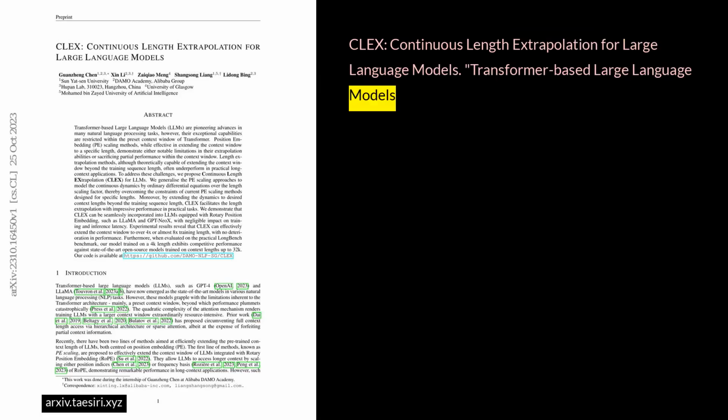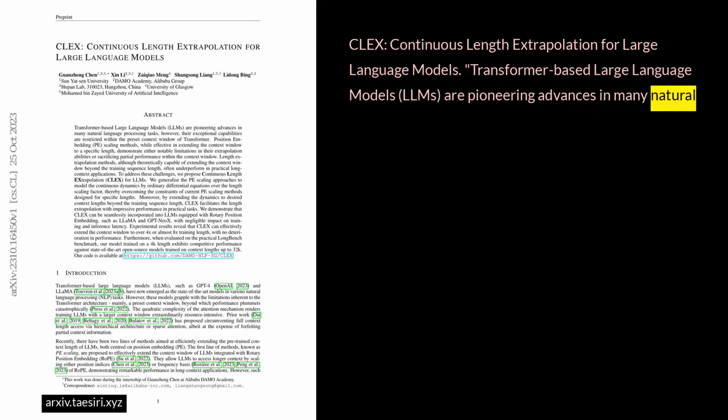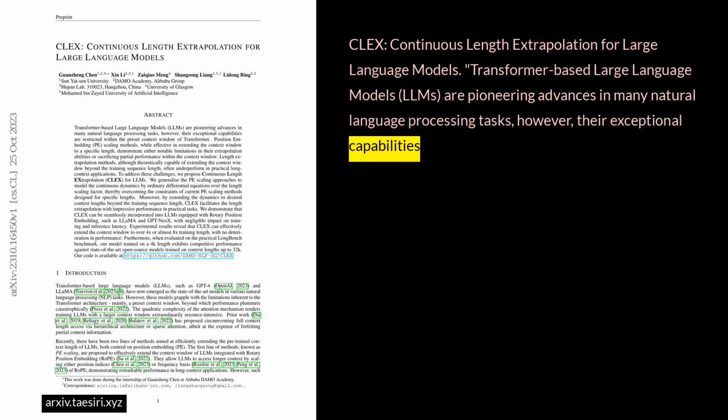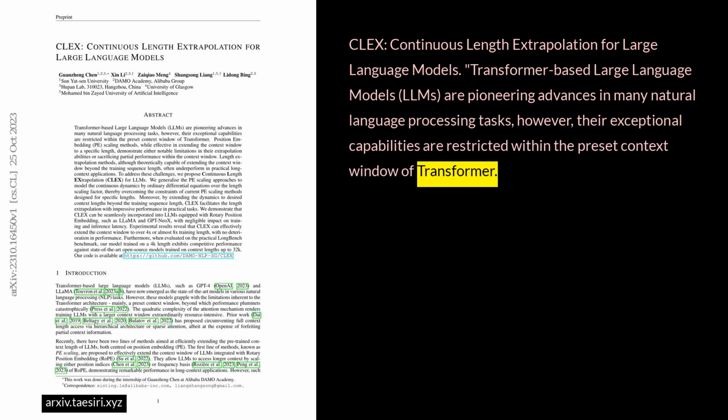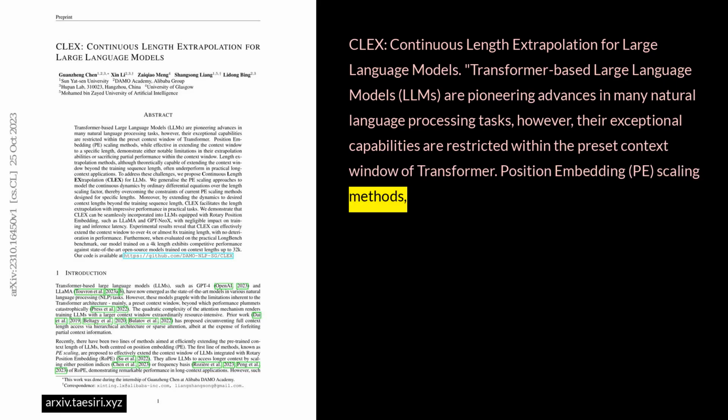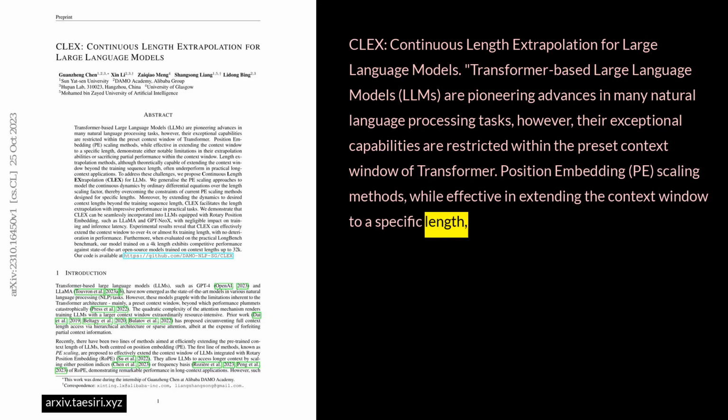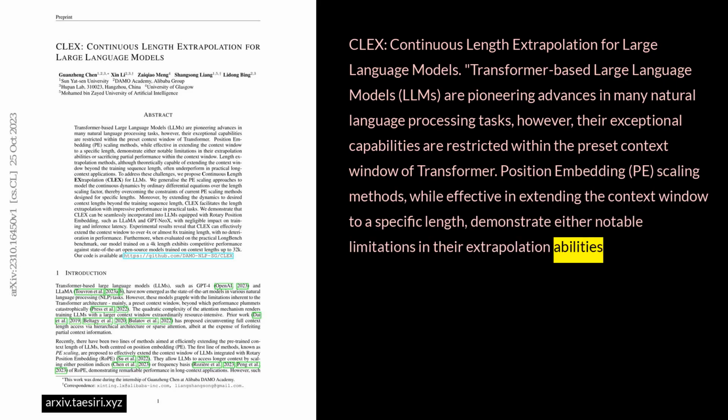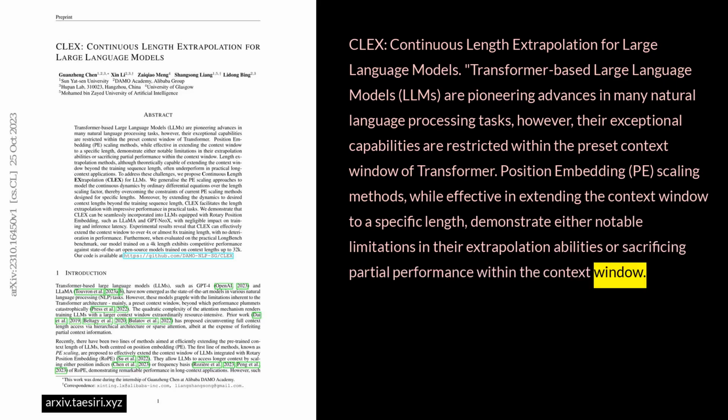CLEX, continuous length extrapolation for large language models. Transformer-based large language models, LLMs, are pioneering advances in many natural language processing tasks. However, their exceptional capabilities are restricted within the preset context window of Transformer. Position embedding, PE, scaling methods, while effective in extending the context window to a specific length, demonstrate either notable limitations in their extrapolation abilities or sacrificing partial performance within the context window.